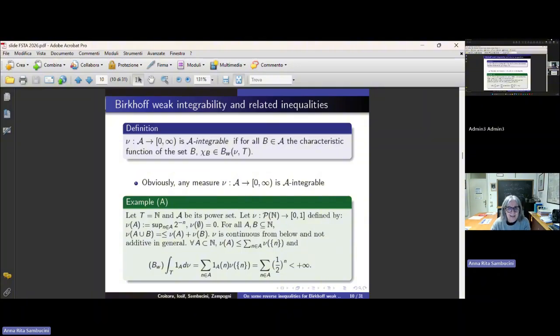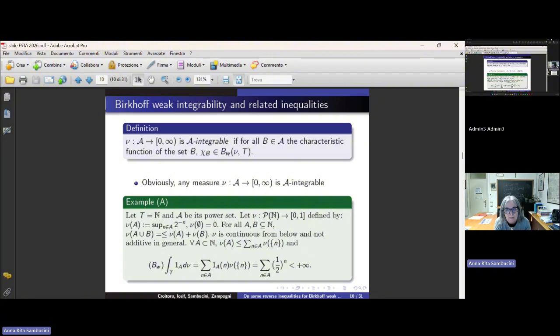Now, in order to address the Minkowski and Hölder inequalities, as well as the reverse inequalities, we consider set functions that are integrable in the following sense, namely the characteristic function of every measurable set is Birkhoff-weak integrable.